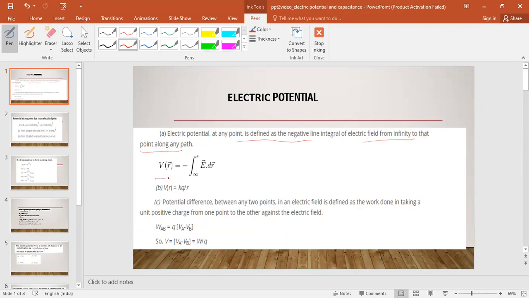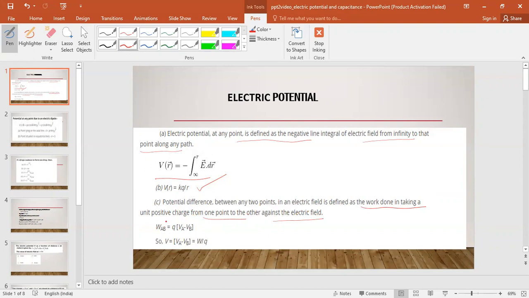V of R is equal to minus integral from infinity to R of E dot dr. Another expression for the potential at a point is V of R is equal to KQ by R. The potential is also the work done for taking a unit positive charge from one point to another against the electric field.